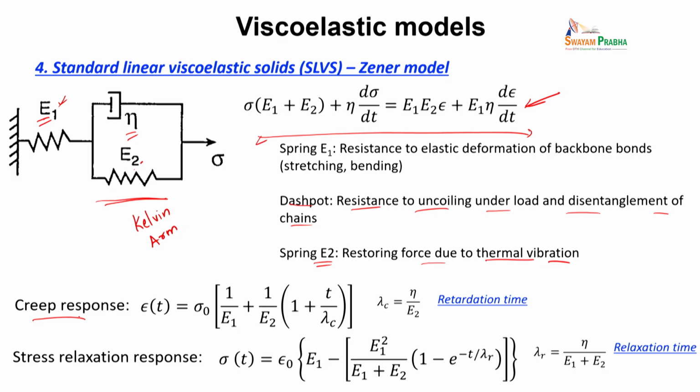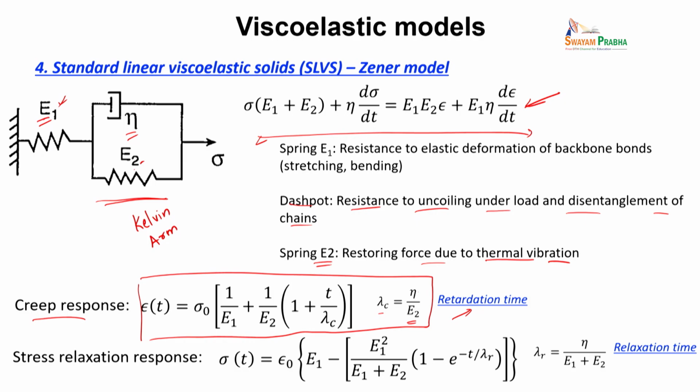In the case of creep response, where you subject the material to a constant load and look at how the strain evolves, you can solve that equation and get a response like here. Here we introduce a new constant lambda c, defined as eta by E2, and we call this the retardation time.